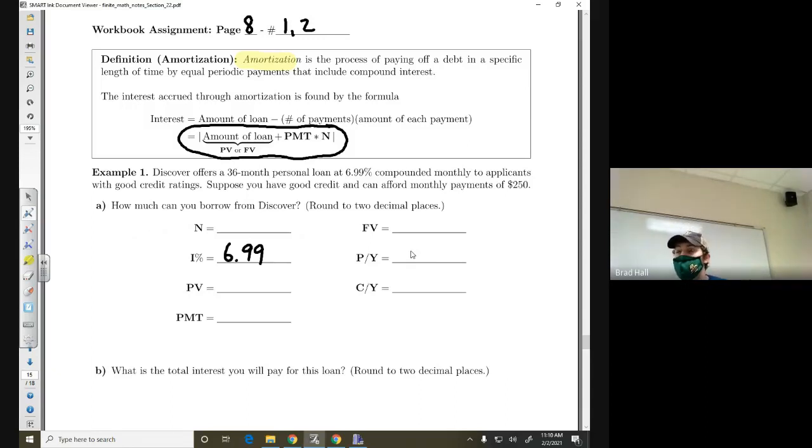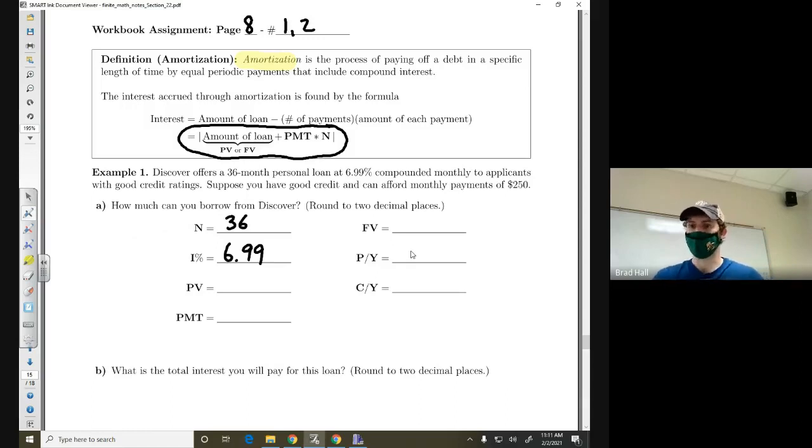N is the total number of payments. 36. Yes, so N is going to be 36, and just 36. If you think from last time we said that N was a product. It was the amount of time times the number of times you're paying in a month or a year.